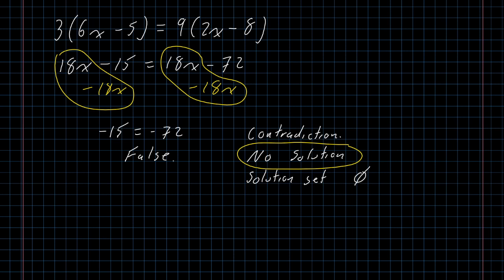Right? When we were talking about types of equations, we talked about contradictions. At the exact same time, we were also talking about another type of equation.